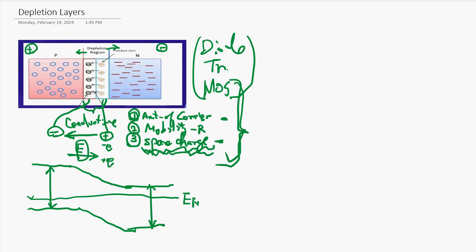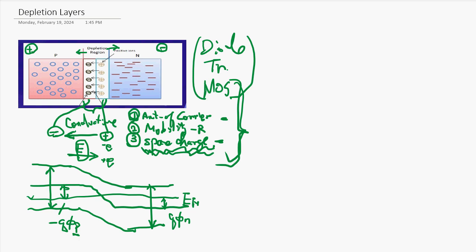Here's the center of energy. Go here. There will be a difference here, and this is going to be negative q phi p, depending on the amount of impurity. And here there will be q phi n. Okay. Yep, that's what we did in the previous video.